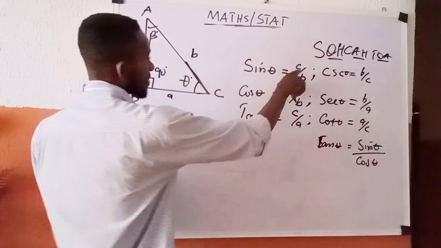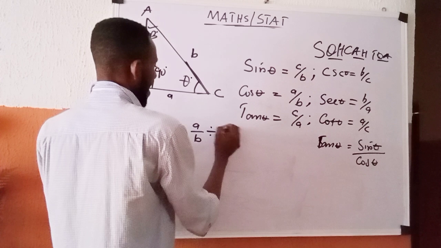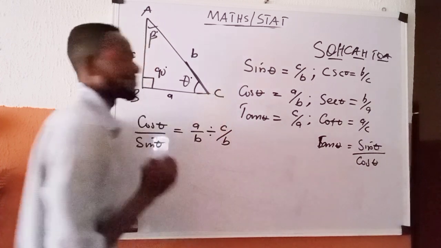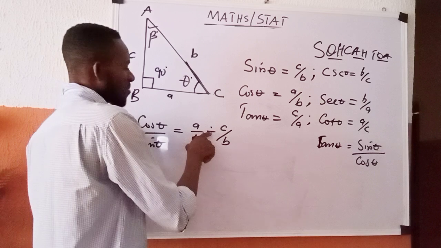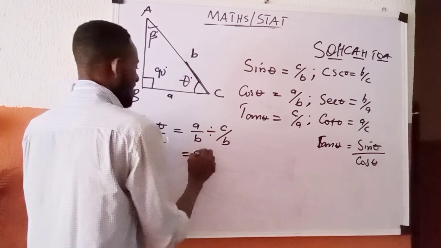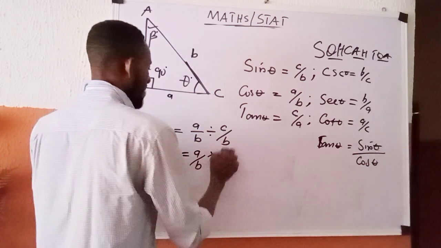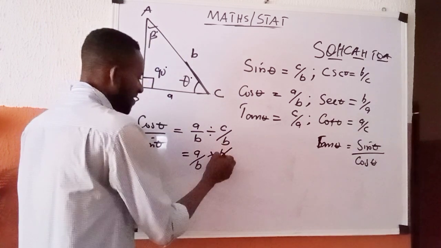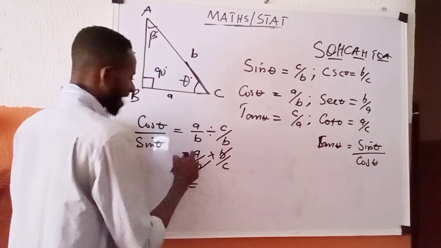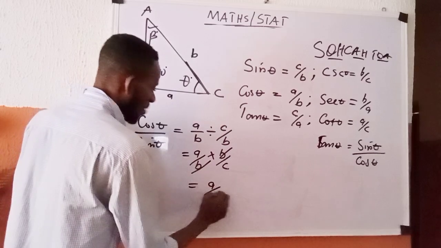Sin theta means C all over B. I have C all over B. Changing this into multiplication sign, I have A all over B multiplied by B all over C. So that this B can cancel this B. And what I have becomes A all over C.